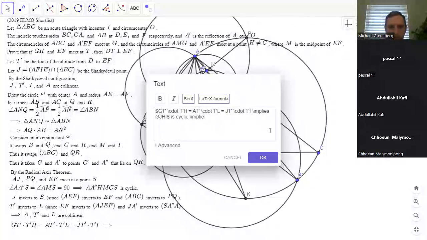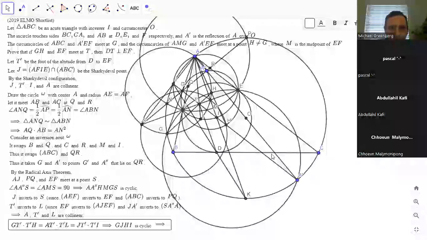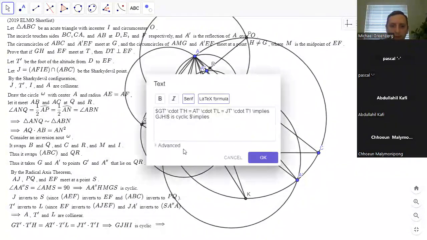And that means, once we know that, GH and EF, I think actually once we know these are collinear, it implies T prime equals T. We don't even need that this is cyclic, I don't think.